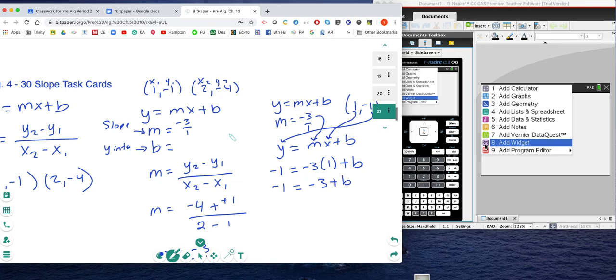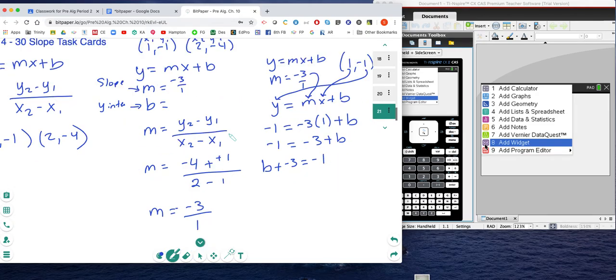Now, is the b on the left? It's not. So we're going to do symmetrical or post-it note. So b plus -3 is equal to -1. Now we're going to go ahead and zero pair out. Plus 3, plus 3, b is equal to 2.